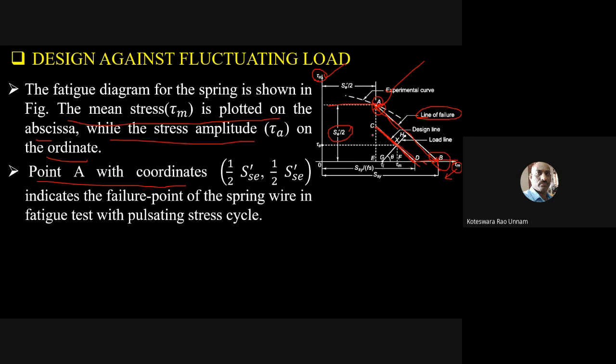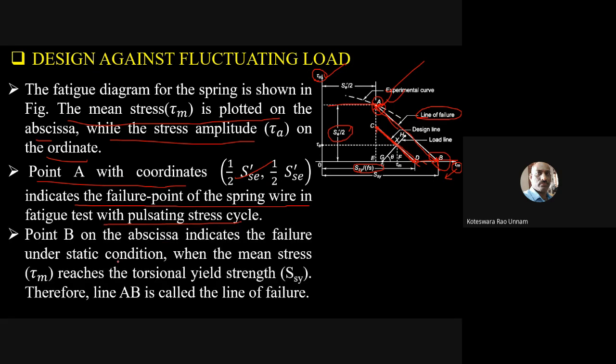If you divide these by the factor of safety, you will get the points C and D also. That's what is written here. Point A with coordinates SSC dash by 2, SSC dash by 2 indicates the failure point of the spring wire in the fatigue test while subjecting it to a pulsating stress cycle.